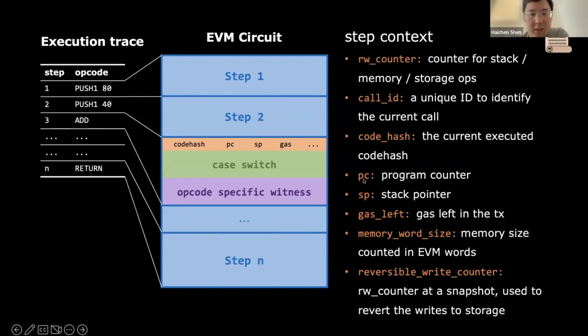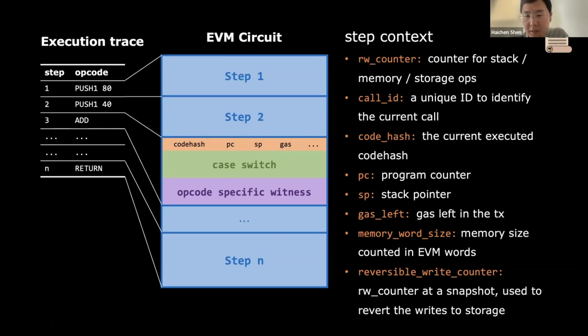And then the fourth is the program counter, the PC, and then the stack pointer, which means how many items you have inside the stack. The gas left is basically the gas that is left inside your transaction. If you go below 0, or you don't have enough gas to execute the next opcode, then we end up with an out of gas error here.